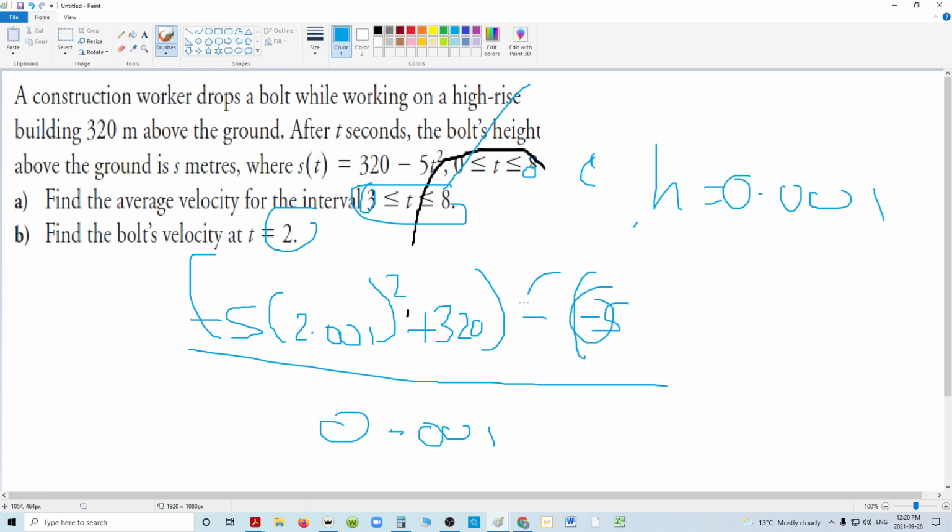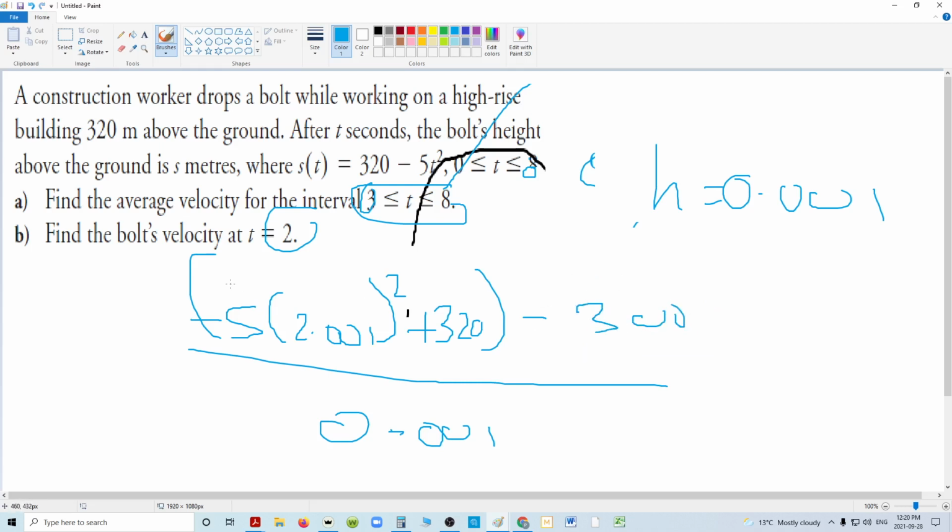See, this minus is separate from the actual operation. 2 squared, which is 4. So this comes out to minus 20, plus 320, which is 300. So it's minus 300.